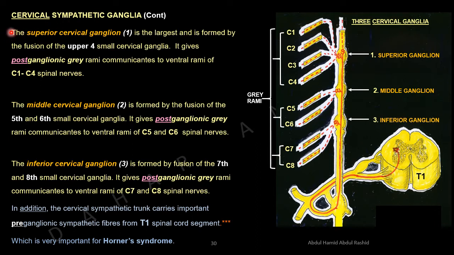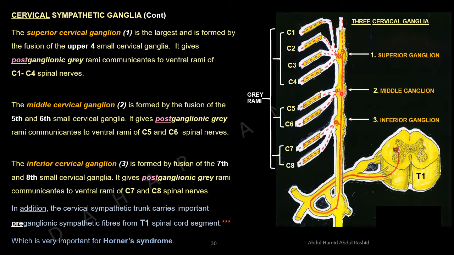Okay, the superior cervical ganglion, number 1, is the largest and is formed by the fusion of the upper 4 small cervical ganglia. It gives postganglionic gray rami communicants to the ventral rami of C1 to C4 cervical spinal nerves. Next is the middle cervical ganglion, number 2, formed by the fusion of the 5th and 6th small cervical ganglia.